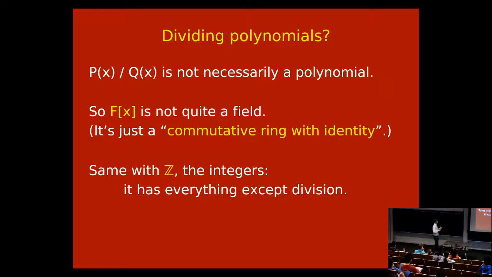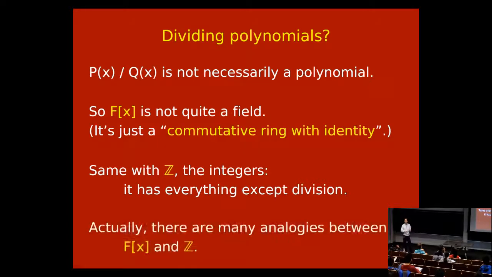But it's very similar to the integers, right? The integers are kind of great. You can almost do everything. You add, multiply, subtract. You just can't divide with the integers. It's similar with the polynomials. In fact, there are many, many analogies. It's quite interesting. There are many analogies between the set of integers and the set of polynomials with coefficients in a field.